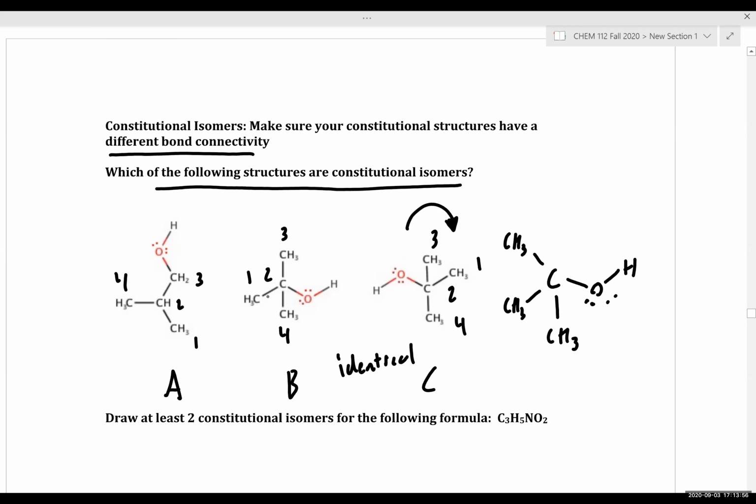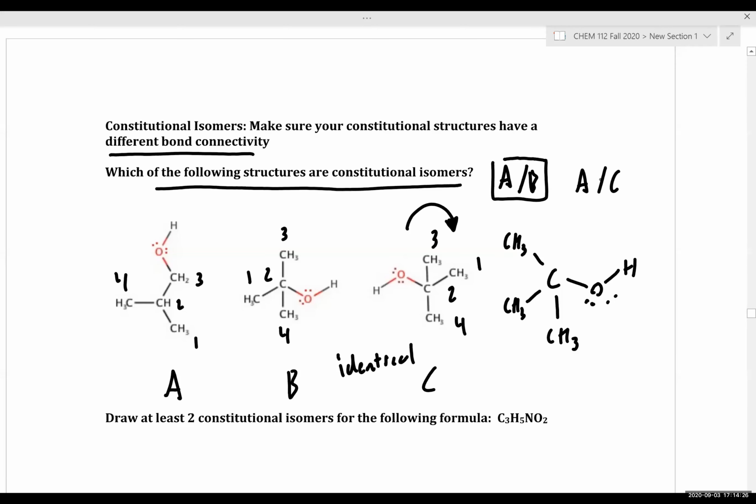However, if we look at our carbon numbering, which pair of molecules are constitutional isomers? Same formula, different connectivity. Which set? A and B, yep. That would be a set of constitutional isomers.